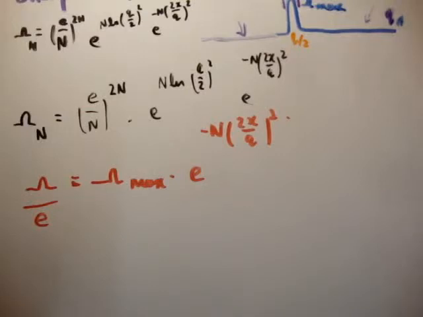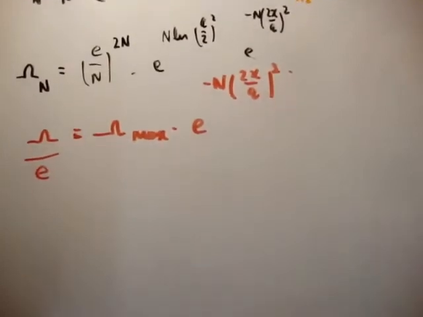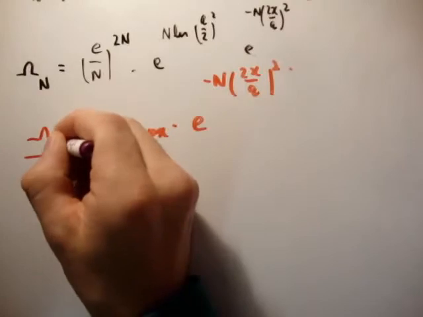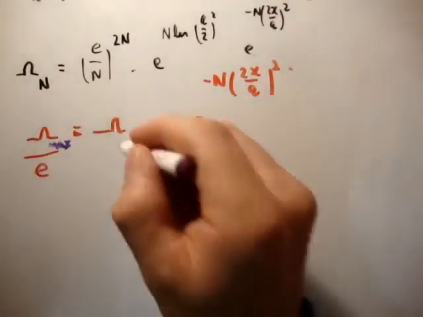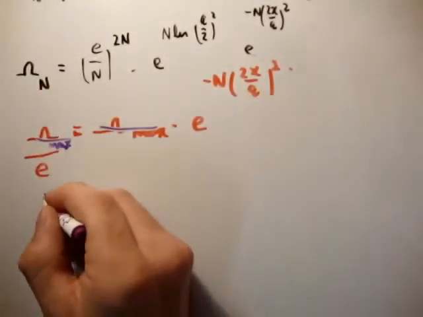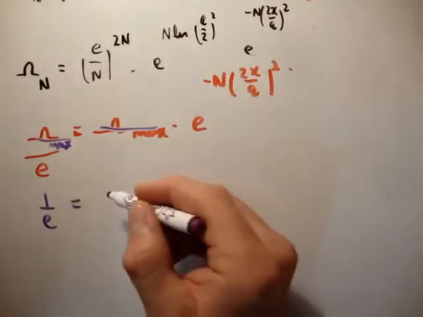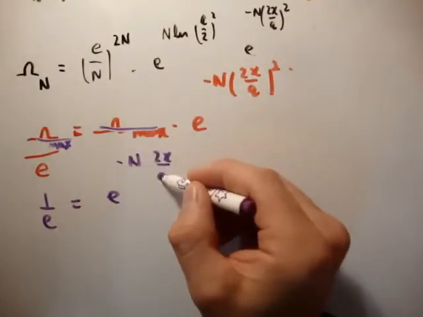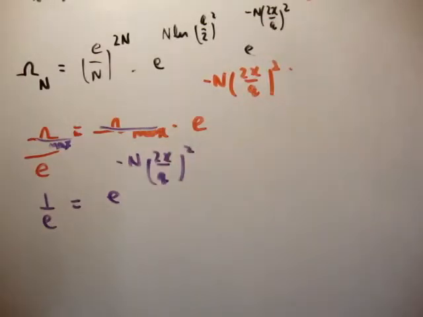So, you know, this is pretty straightforward. Now, by the way, because we're looking at the maximum multiplicity, these two factors cancel here, so what we have is 1 over e is equal to e to the minus N times (twice x over q) squared.